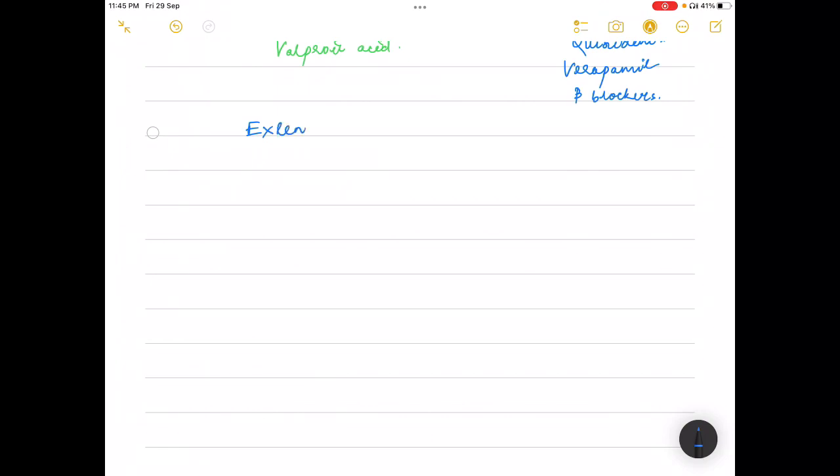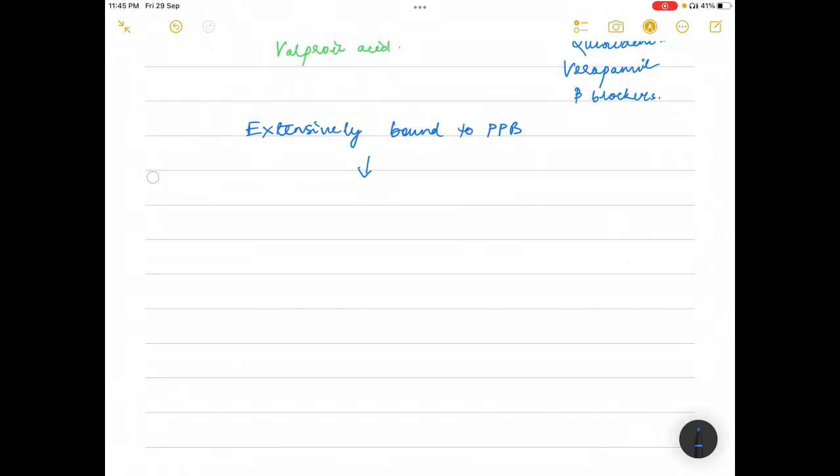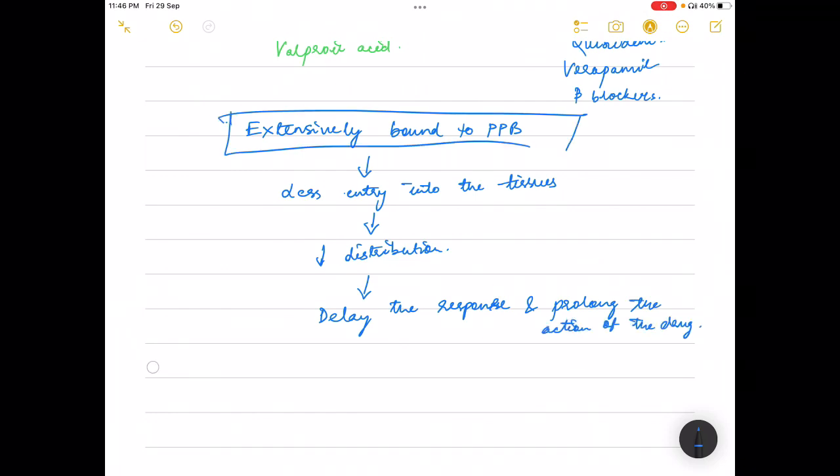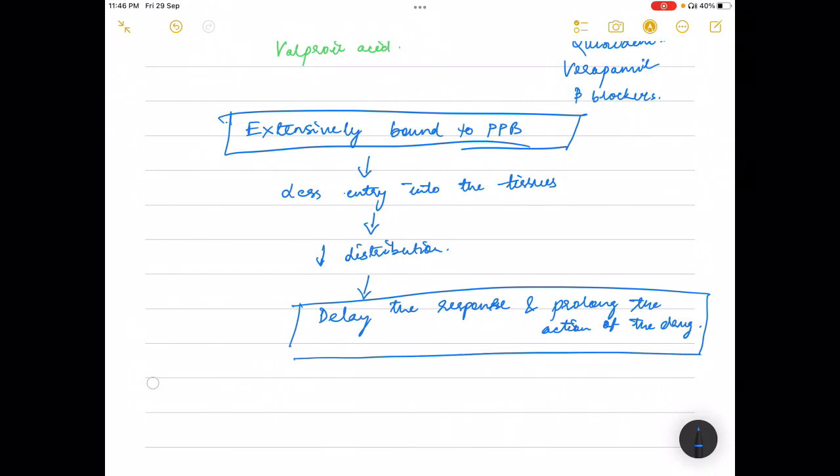So drugs which are extensively bound to plasma protein will have less entry into the tissues. So that reduces the distribution. It will delay the response and prolong the action of the drug, because they are distributed less into the tissues.